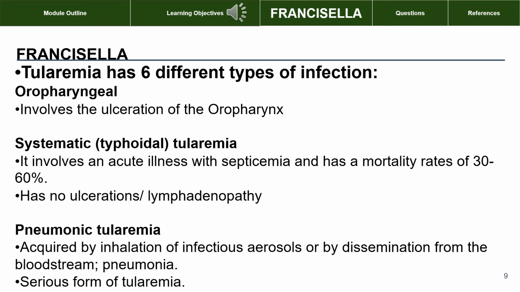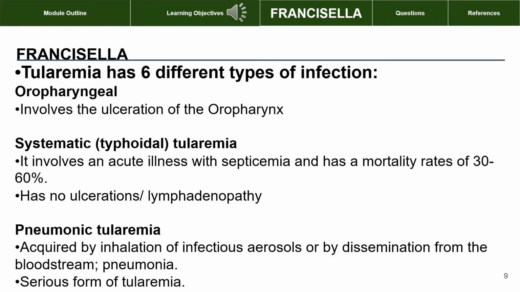Next, we have systemic or typhoidal tularemia. These involve an acute illness with septicemia and have a mortality rate of 30 to 60%. These have no ulceration and no lymphadenopathy. Again, this is for systemic or typhoidal tularemia.